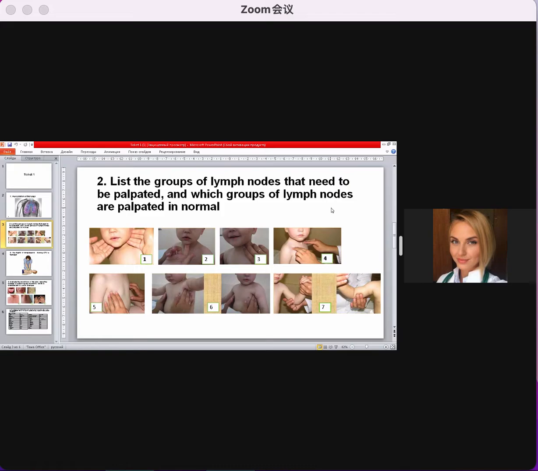Ma'am, I think it's axillary and thoracic. No, axillary we can palpate in normal, or very often, just normal. You're asking about what is normally palpated. Now I'm asking you about lymph nodes that are not palpated in normal.